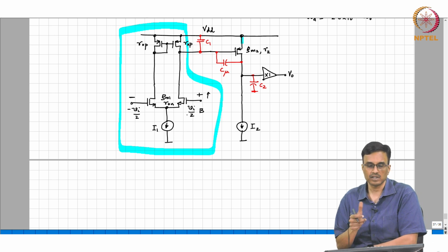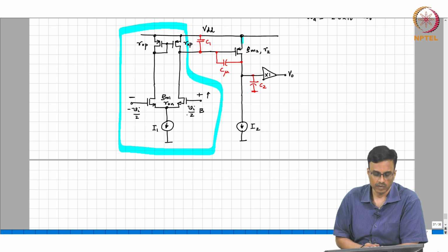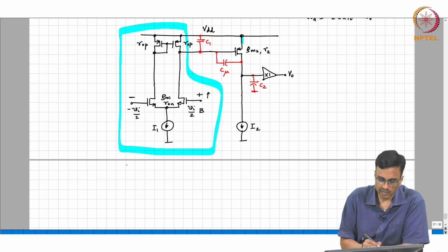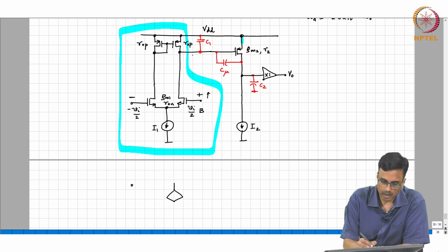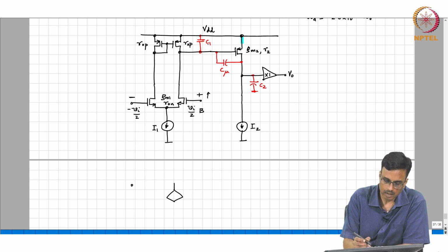Okay. So, the differential input is Vi. So, what is the effective current going in here?